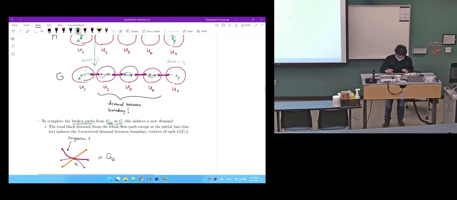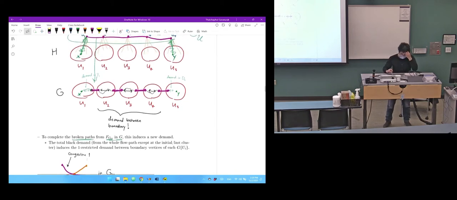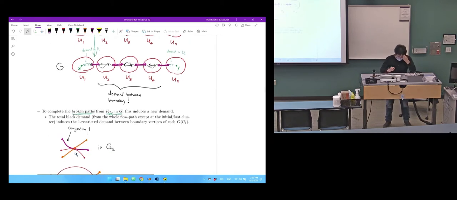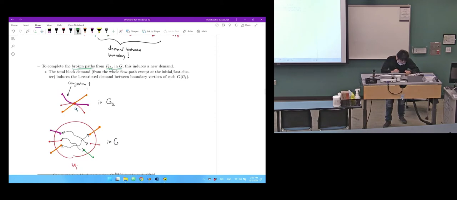That is, because each of these, look at each UI, right? Now you get the demand that this guy should be connected to this guy. And so if UI is like this, now you can imagine that there are many x1, y1, x2, y2 that use some path that goes through UI in G, in the contracted graph.